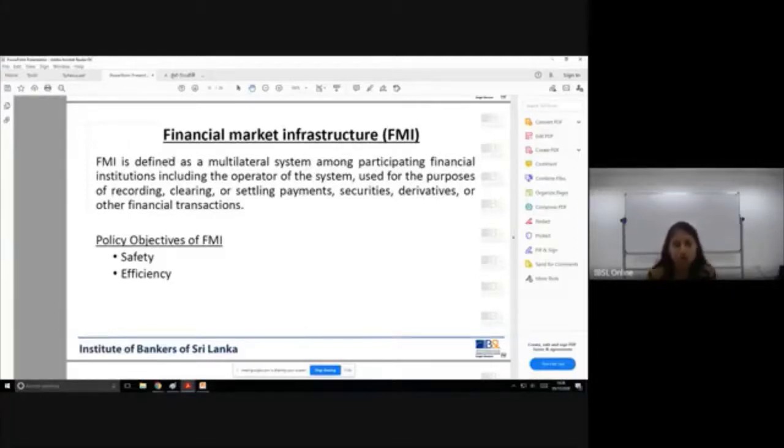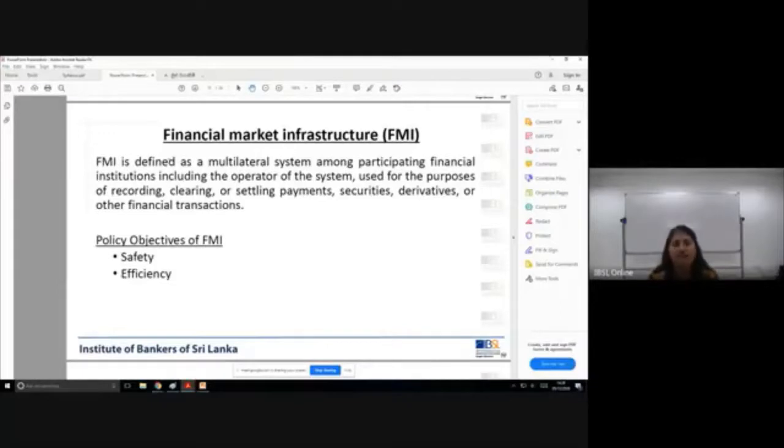Now, I don't want you to memorize this definition. Understand what it means. Understand that financial market infrastructure is a multilateral system. That means all the participating financial institutions are involved. They have access to it. Think about SLIPS, think about RTGS.